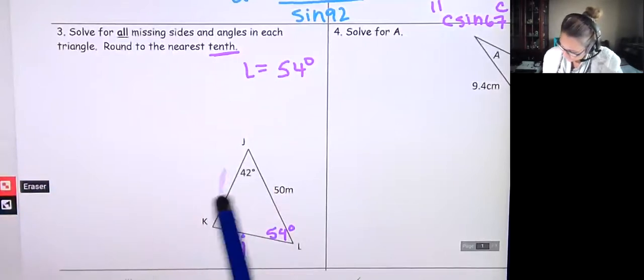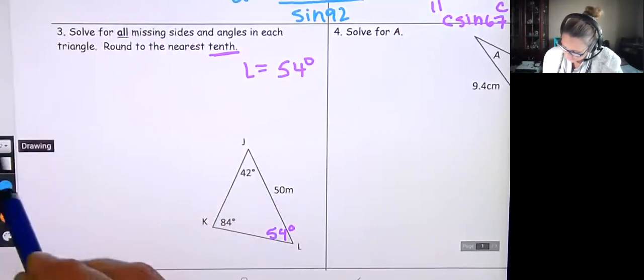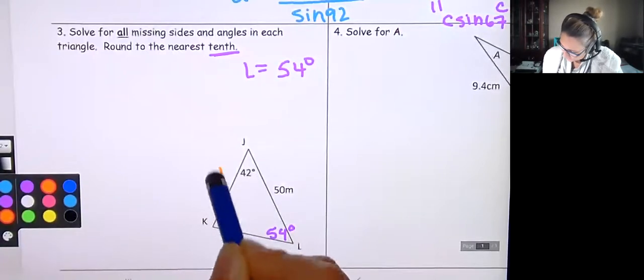Okay, so let's say I do this one in orange.